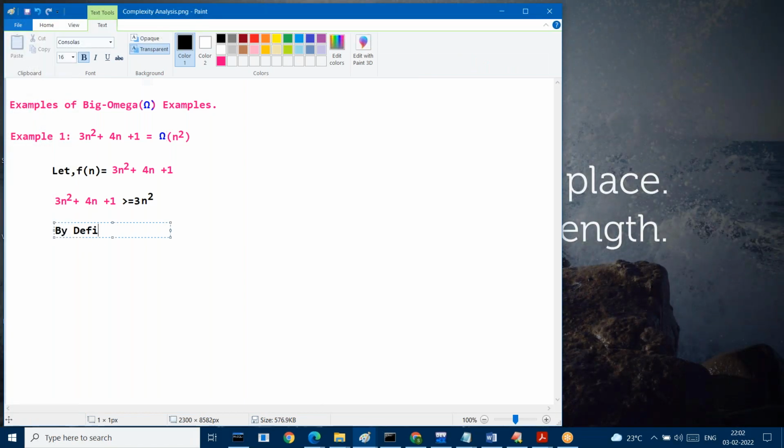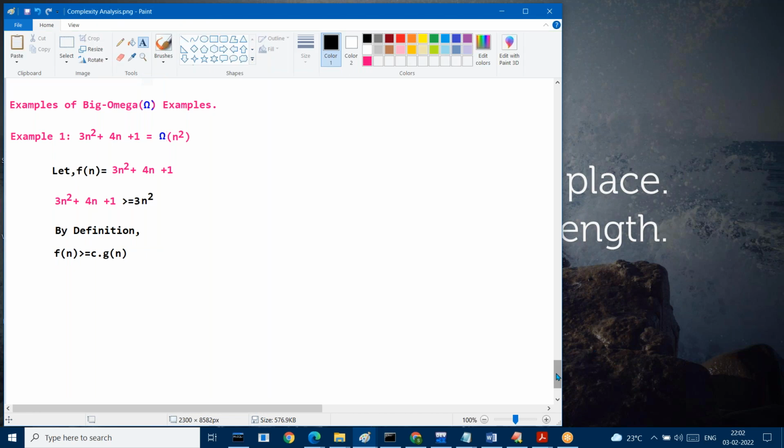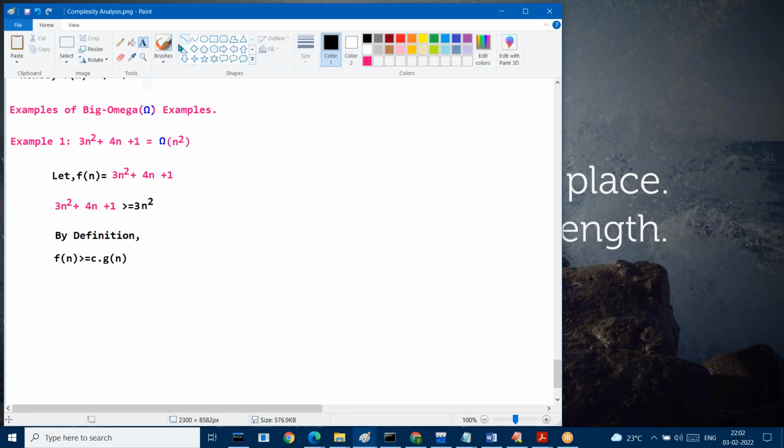By definition, what are we having? f(n) greater than or equal to c·g(n). That dot you give or don't give, not an issue. That's the multiplication sign. Now why are we taking 3? Because I need some constant. By just looking at this term, I can say that this is 3n square plus some part. Suppose this is x. So 3n square plus x will always be greater than 3n square, na?